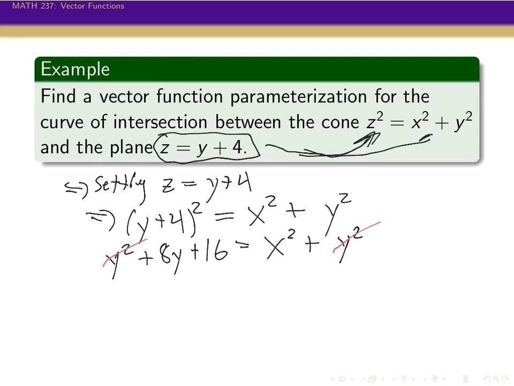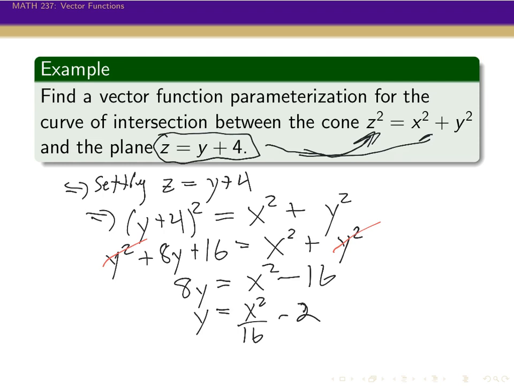And so let's solve for y there. So I'll have 8y is equal to x squared minus 16. Divide by 8. I get y is equal to x squared over 16 minus 2. Okay. And so now to find a parameterization, I've written y in terms of x, and then I've written z in terms of y.